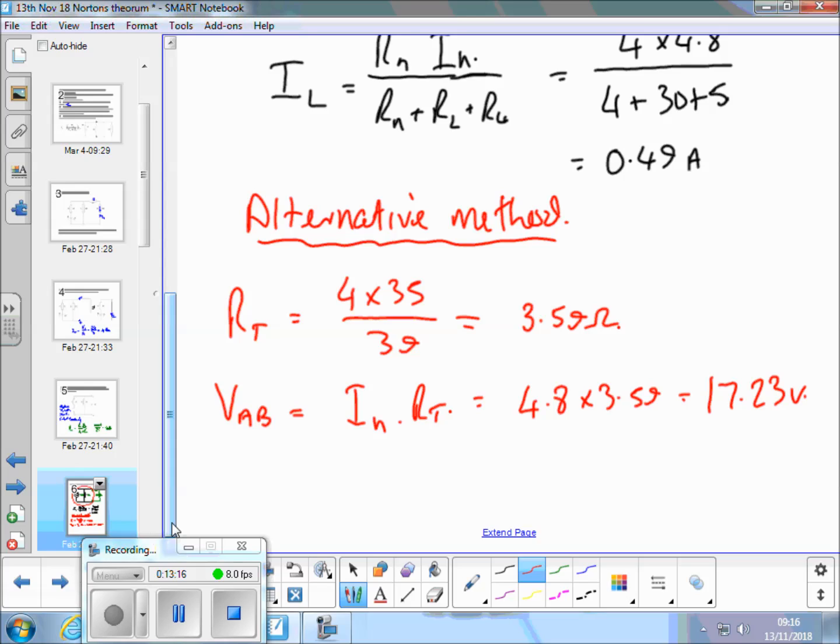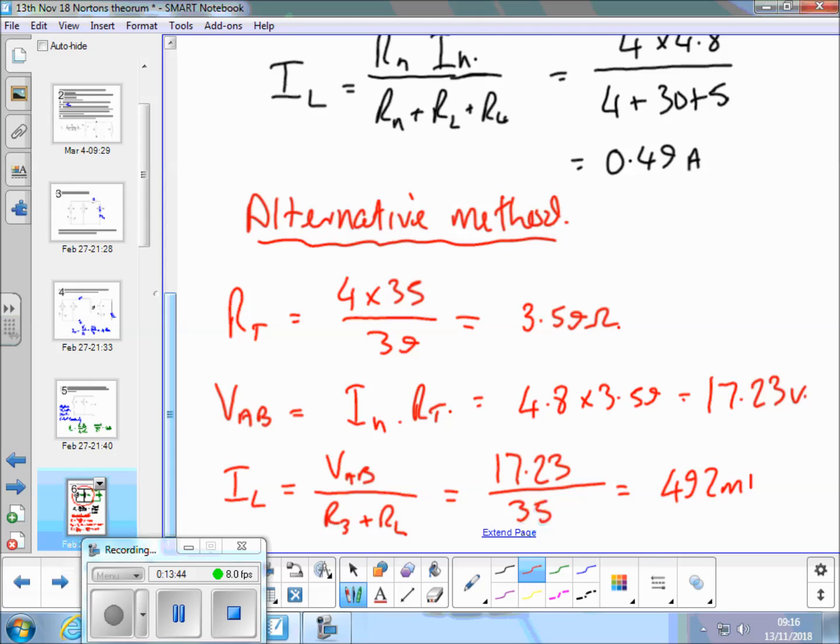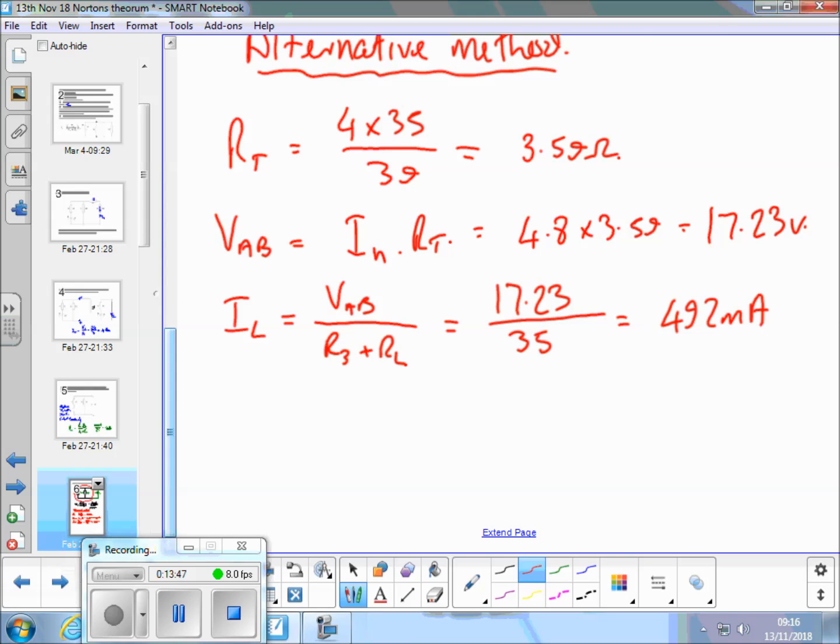Having found that, you can then find IL from VAB over R3 plus RL. That's 17.23 over 35 equals, I've got 492 milliamps, which is different from the other result only in rounding, I would think.